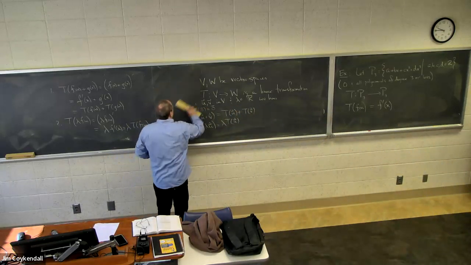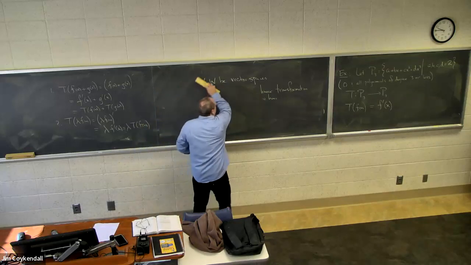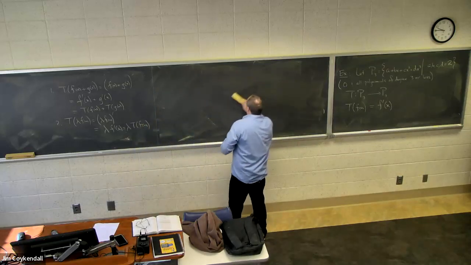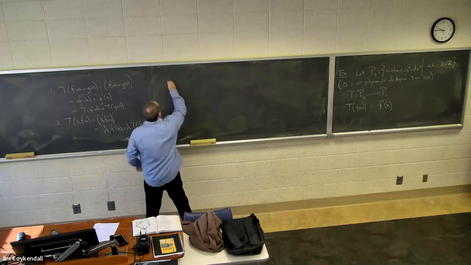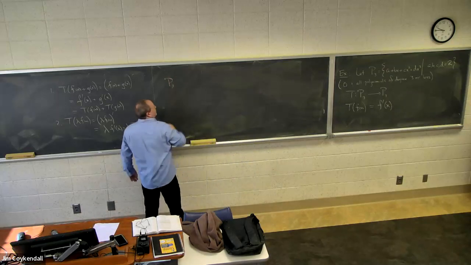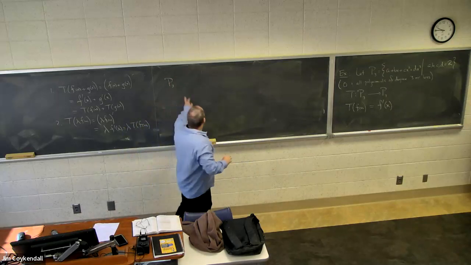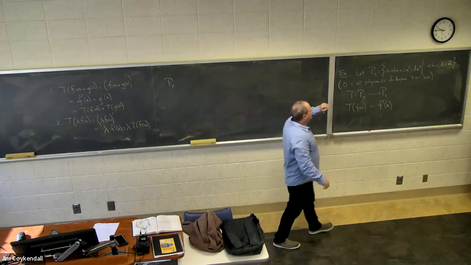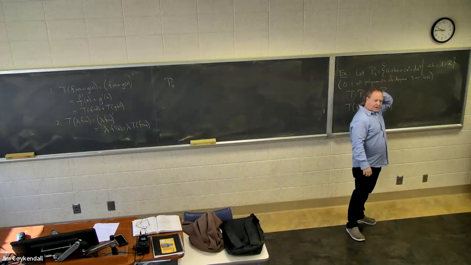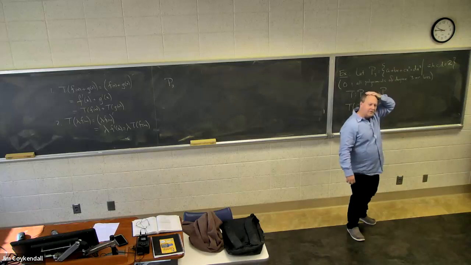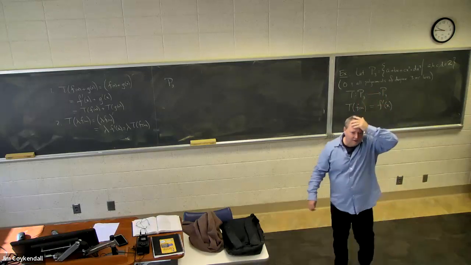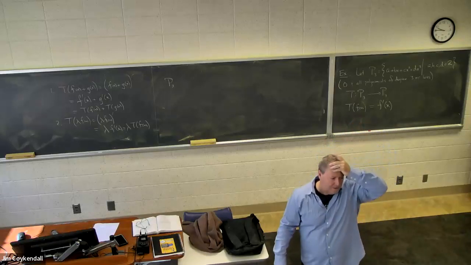Let's see if we can make a matrix. By the way, can anybody guess what a basis for P3 is? What's the dimension supposed to be? Give me a basis.